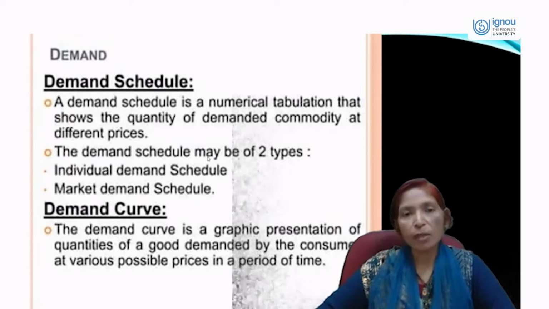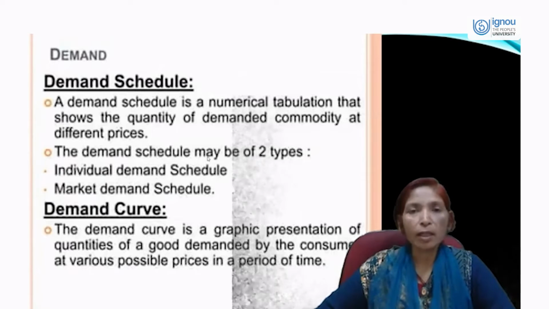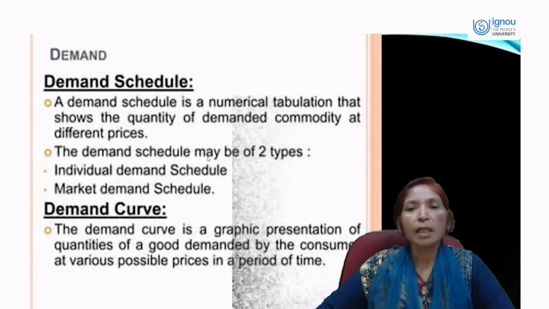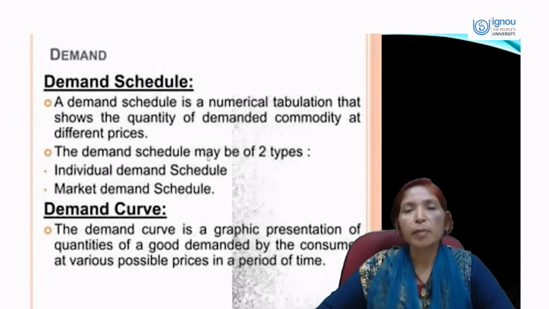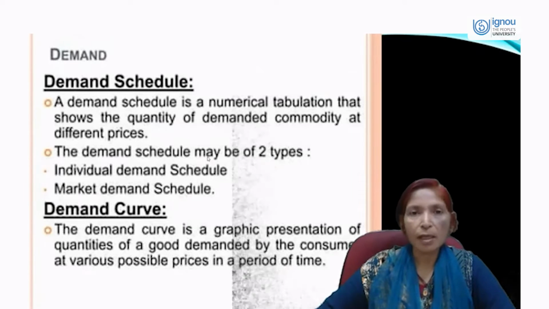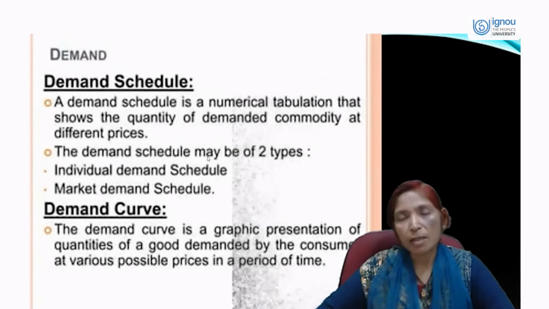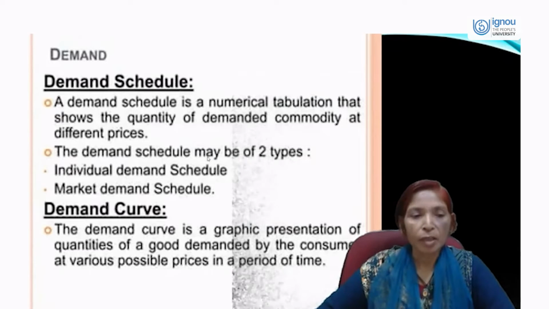So demand schedule is a numerical tabulation that shows the quantity demanded of a commodity at different prices. Demand schedule may be of two types. One is individual demand schedule and the second is market demand schedule.